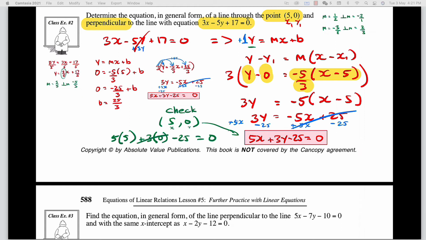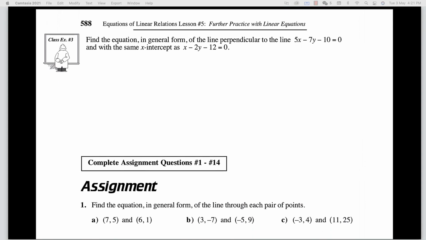Well, we know that 3 times 0 is cancelled. We know that 5 times 5 is 25, and 25 minus 25 equals 0. Everything looks good.